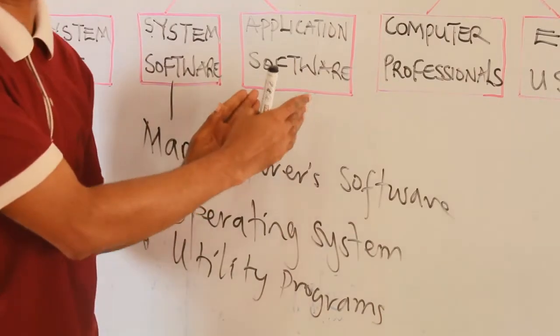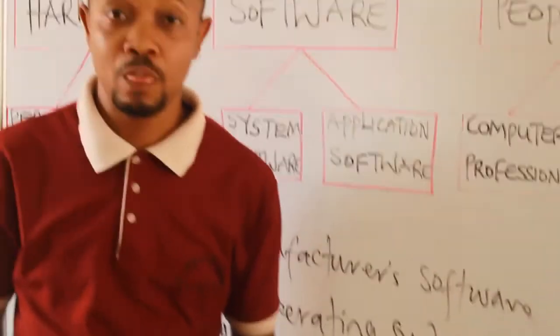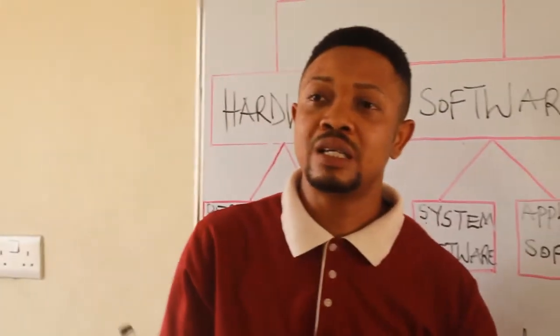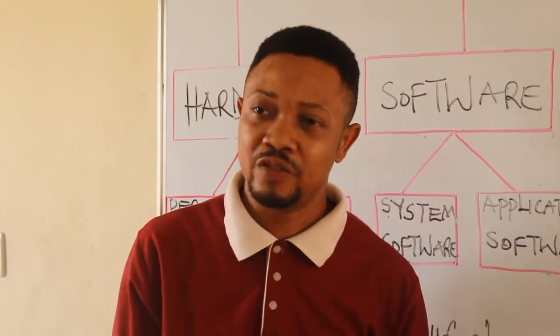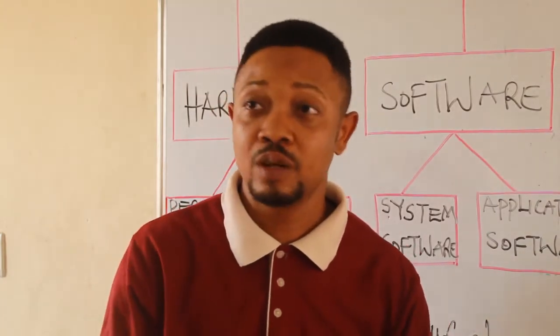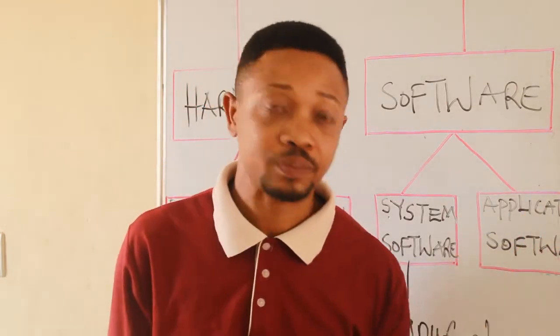Now, coming to the application software, there are lots and lots of them. I have said that it is software used by individuals to carry out particular jobs, to solve specific problems. That is what we call application software.